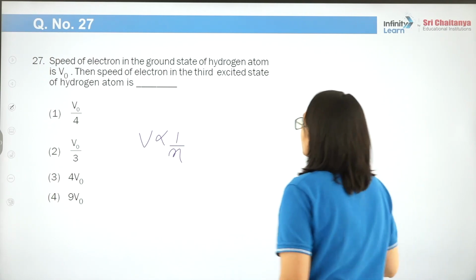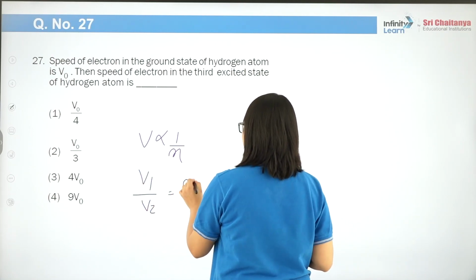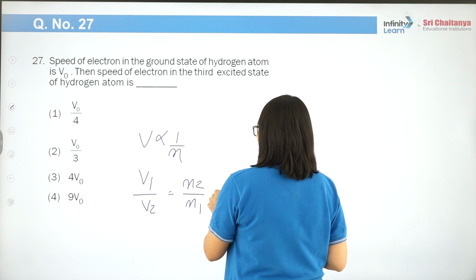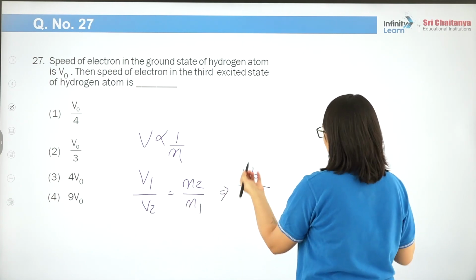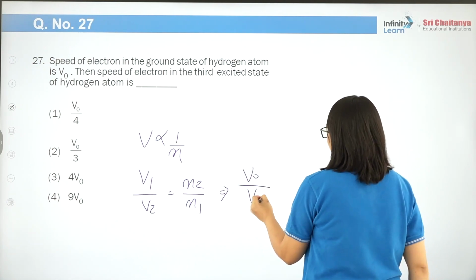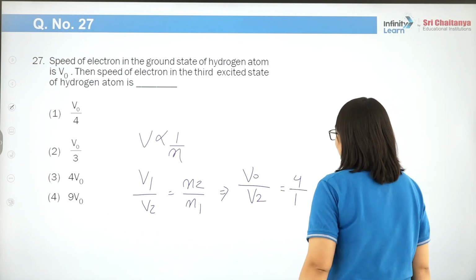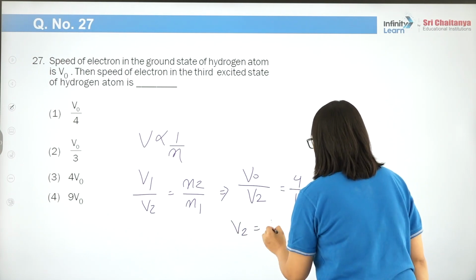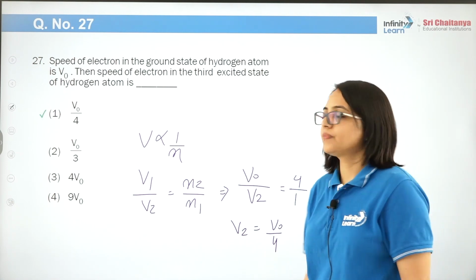So over here, if you compare V1 upon V2 as n2 upon n1, so V1 is V0, ground state, so n1 will be 1, V2 we don't know, n2 is 4 and n1 is 1. So V2 will be V0 upon 4. So the correct answer is option 1.